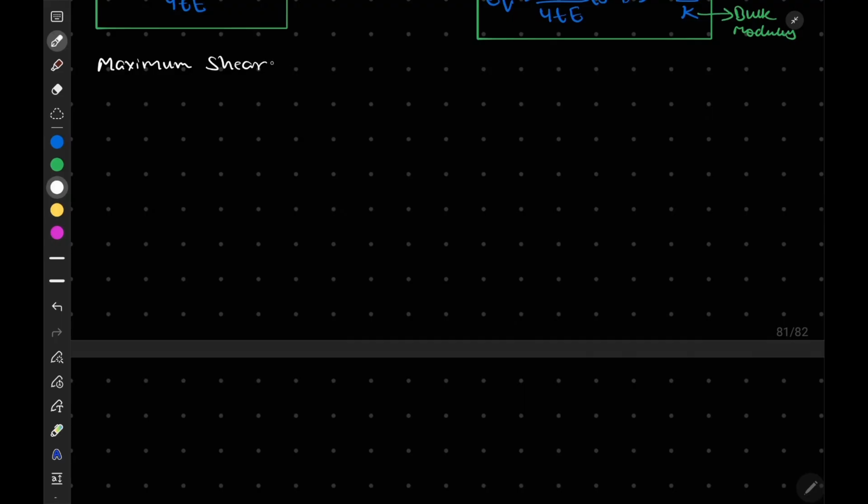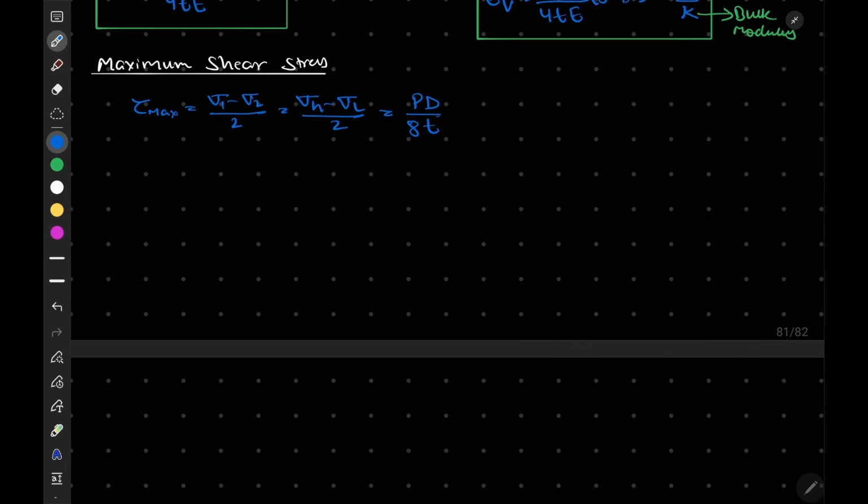This can be written as sigma hoop minus sigma longitudinal by 2, and this can be derived to PD by 8t.